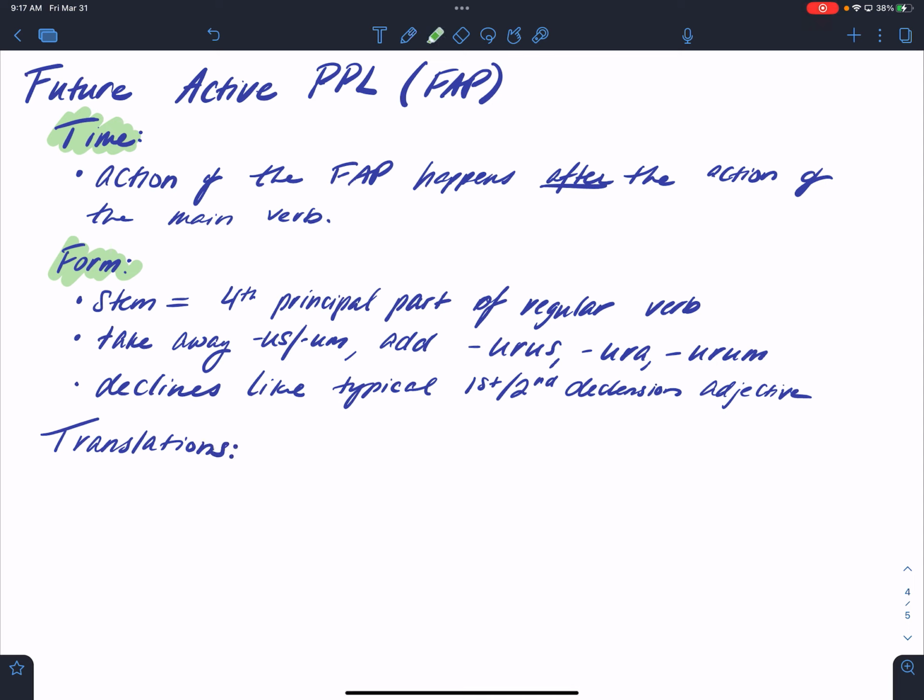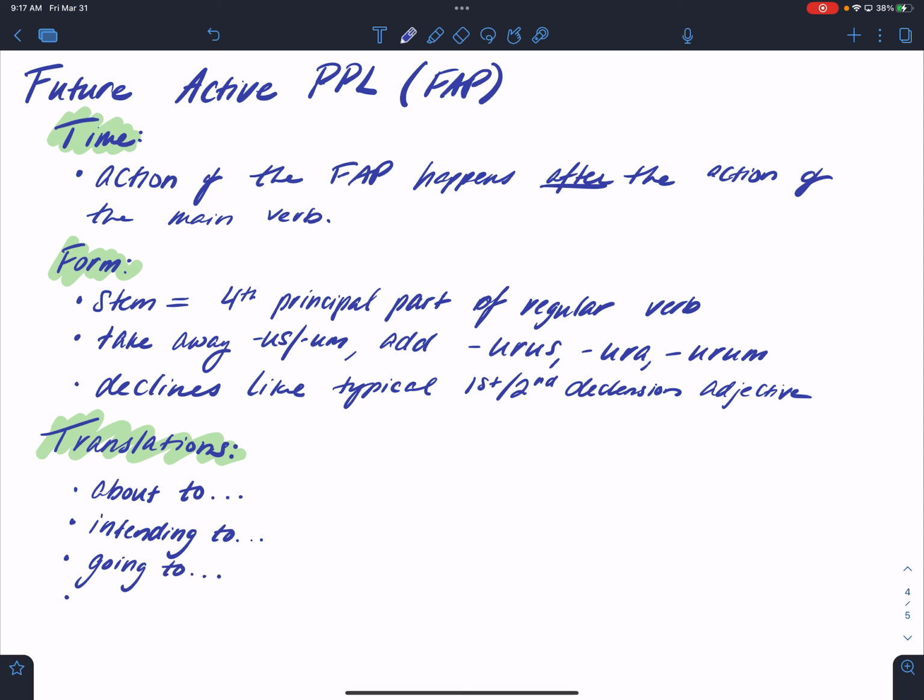Okay, now in terms of translations, we actually have quite a few at our disposal, which is very nice. Here they come. You could say about to. You could also say intending to. You could also say going to.